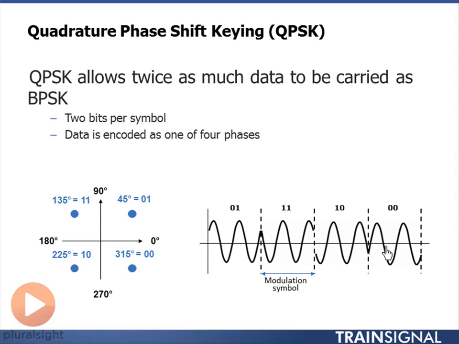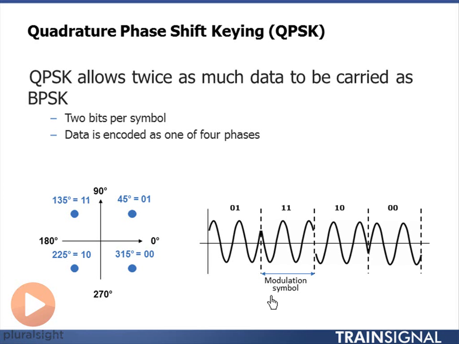So what I've got now is 4 different phase shifts, 4 different waveforms. And therefore, if I have 4 waveforms, then I can represent 2 bits instead of 1. Right? So I'm now sending 2 bits per modulation symbol, or 2 bits per waveform, which means I doubled your data rate.